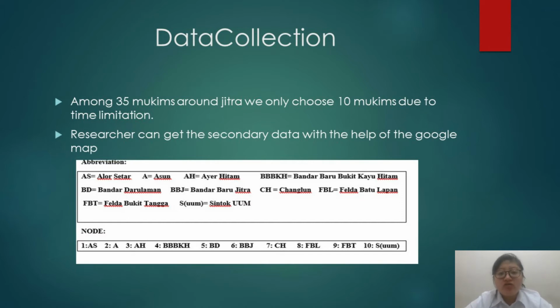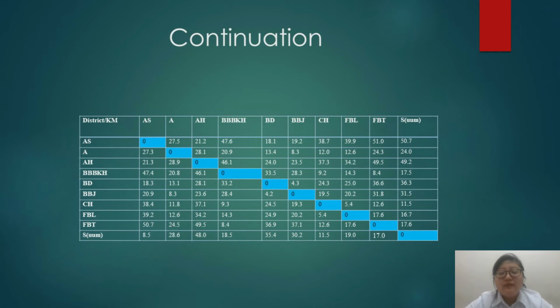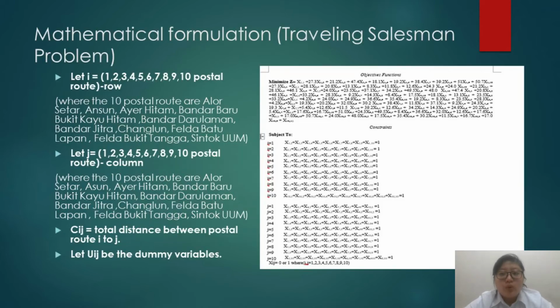Below here is the equation and the notation for each Mukim and Post Laju. And this is the distance between each Mukim of Jitra in Kedah with Post Laju Alor. We use two methods to solve the problem in this study.